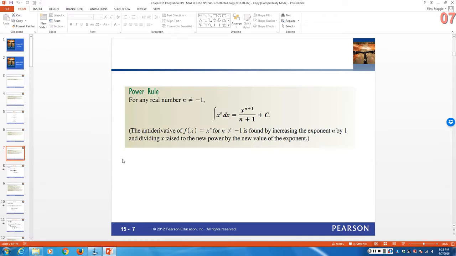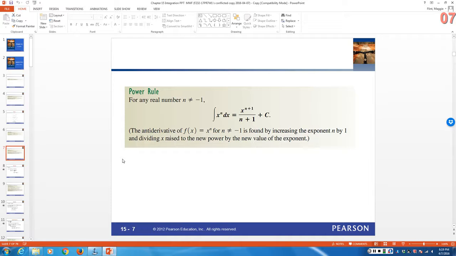The first one is basically we're going to go in reverse on the power rule. When you're taking a derivative, the power rule says you take the power that's on the variable and you bring it down in front of the variable and multiply it, and then you reduce that power by 1.